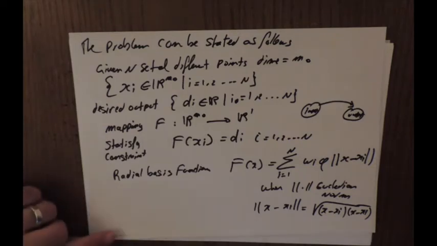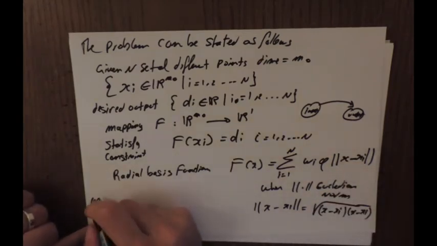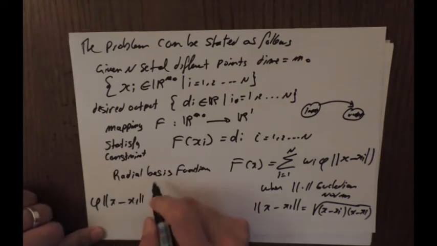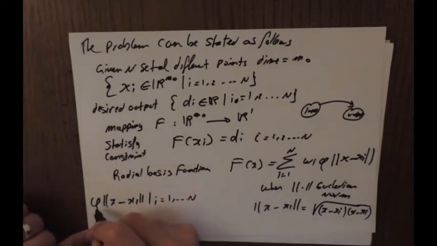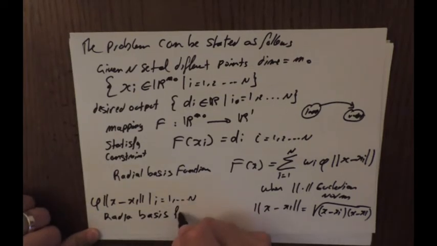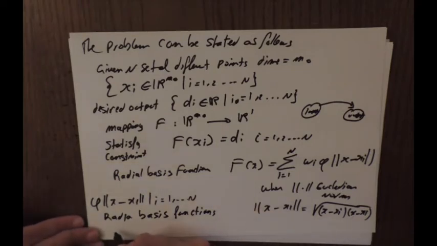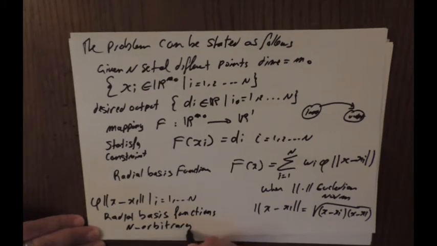So we note here that we have phi. Phi of the norm of x minus xi for i equal 1 to n is known as the radial basis function, and we're going to discuss the options for these, and these are n arbitrary functions.